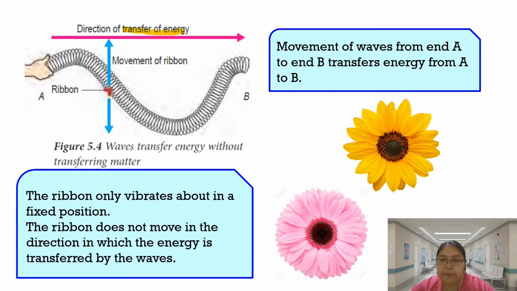Movement of the wave from end A to end B transfers energy from A to B. In this situation, the energy is transferred together with the wave. But what about the matter? The matter is the ribbon. The ribbon only vibrates about a fixed position. The ribbon does not move together with the direction of the energy. So this is one of the concepts they want to bring to you about what a wave means: it just transfers energy without transferring matter.